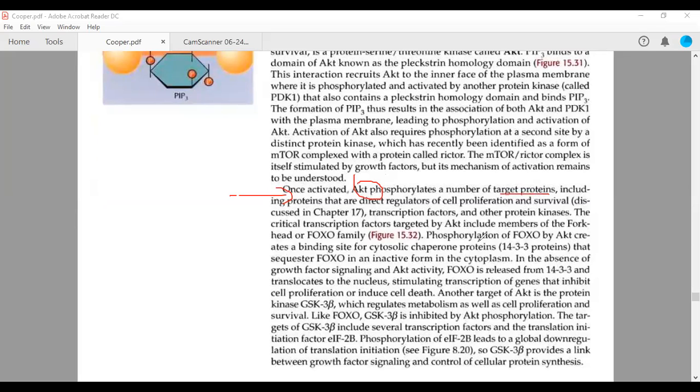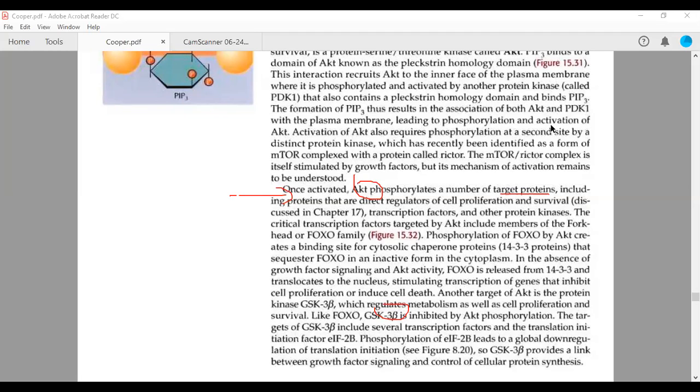These target proteins are discussed here: FOXO, some of the cytosolic proteins like 14-3-3, GSK3 beta, and some other proteins, for example. So we will start our discussion from this particular section in tomorrow's class, and we will finish this first.